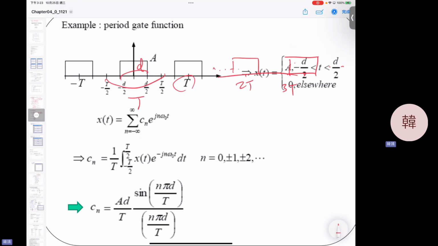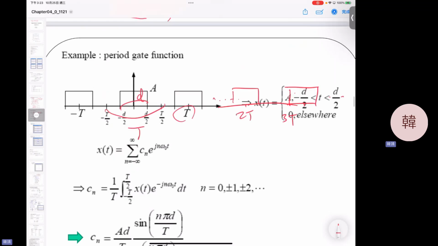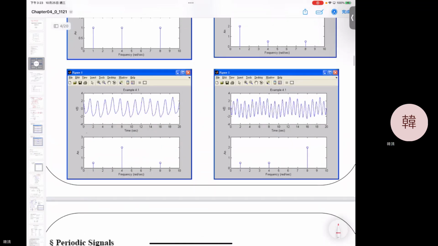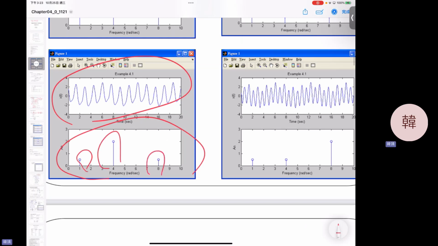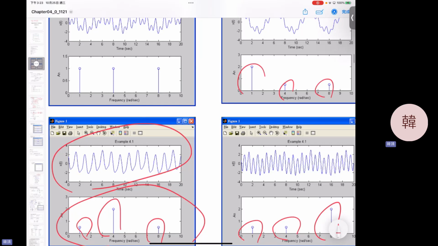Okay, so if you look at your original time signal, you can see nothing there. But if I decompose it into the frequency domain, I know the amplitude, and I can know the energy in different components. So I can remove the high component, I can remove the low component.